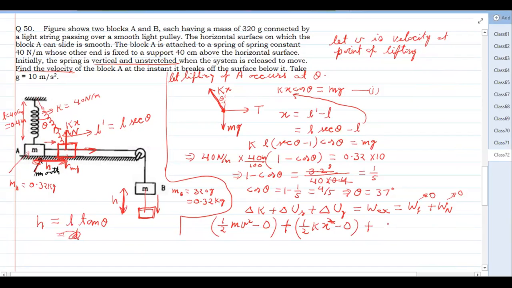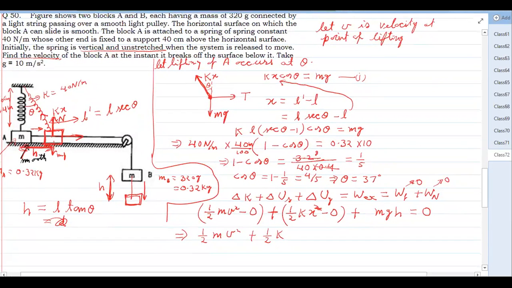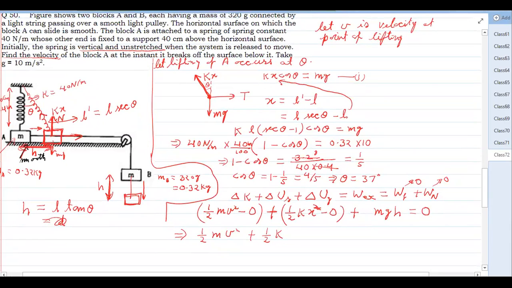So we will put these things: half m v square plus half k, and in place of x we are going to write L sec theta minus L, so that will be L times sec theta minus 1, squared.